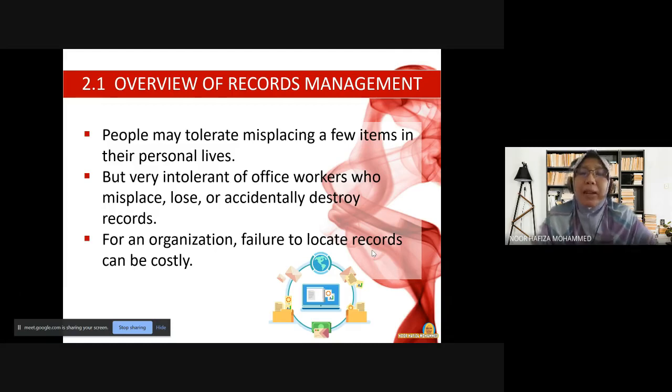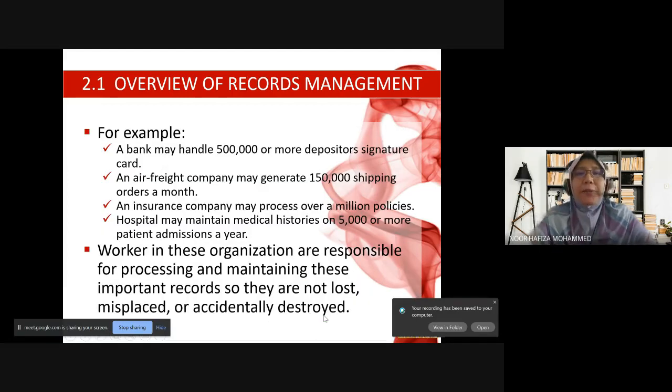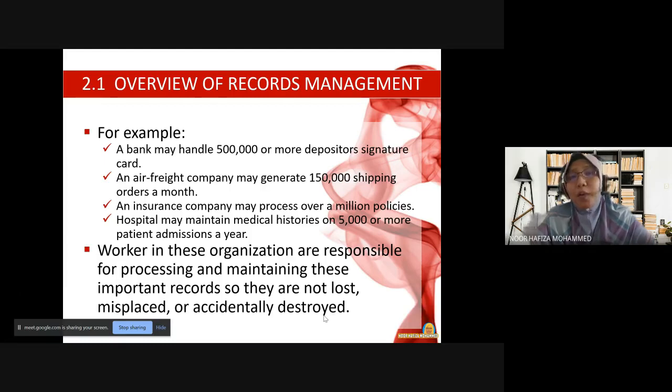Another piece of information is that in an organization, failure to locate records can be costly. For this one, the example is a bank may handle 500 or more depositors' signature cards.